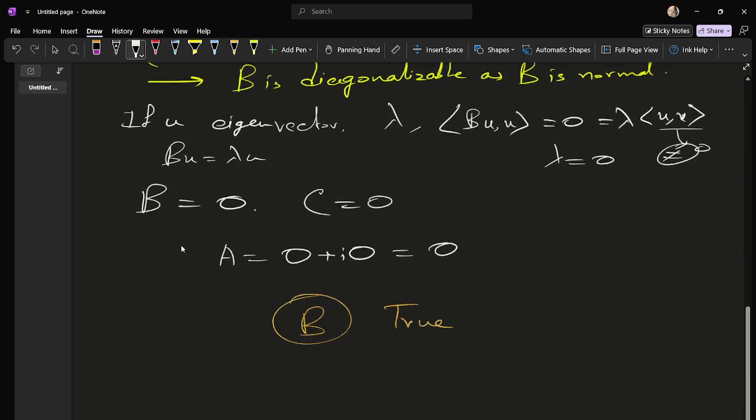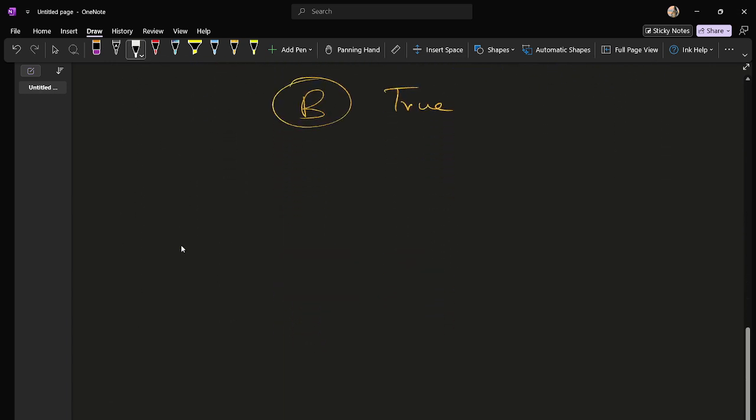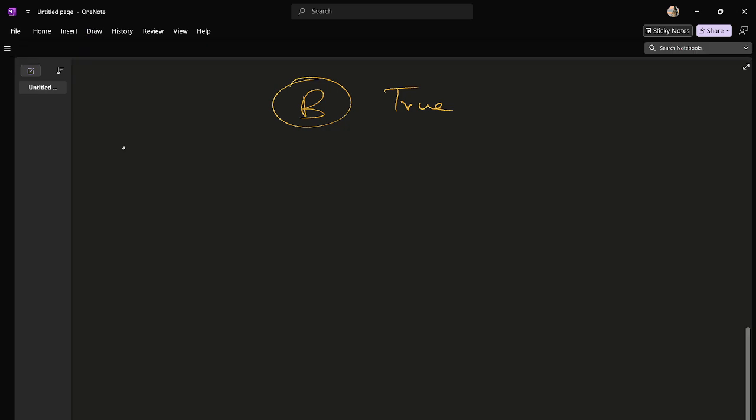This thing happens when A is a Hermitian matrix. So C gives us that Ax, x is greater than or equal to 0 for all x belongs to C^n.